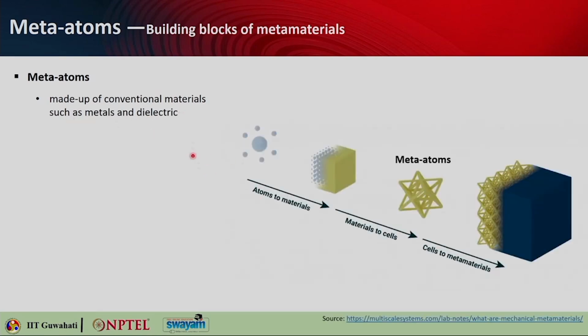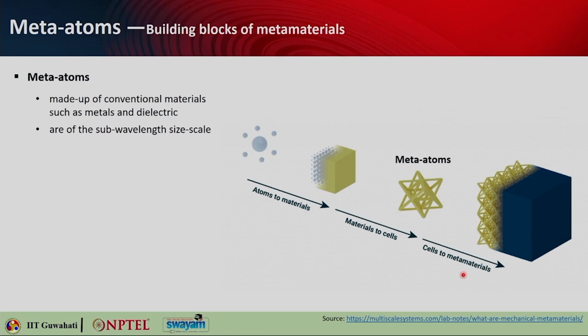You take the atoms from the periodic table and bring them together to make your meta atom. But the design of the meta atom is done in such a way that their assembly, which is the metamaterial, can bring out some extraordinary properties which are not seen in natural materials. And that is how you go from atoms to metamaterials.